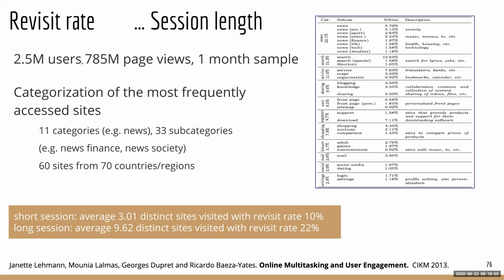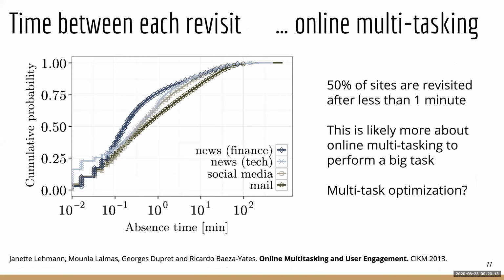So what this means is within a session, user will just hop between sites, and this is important to look into. This is again going back to this notion of task. User is booking a holiday, they will look at price of flight, they will look at destination, and so on. So it's going beyond just the one site.